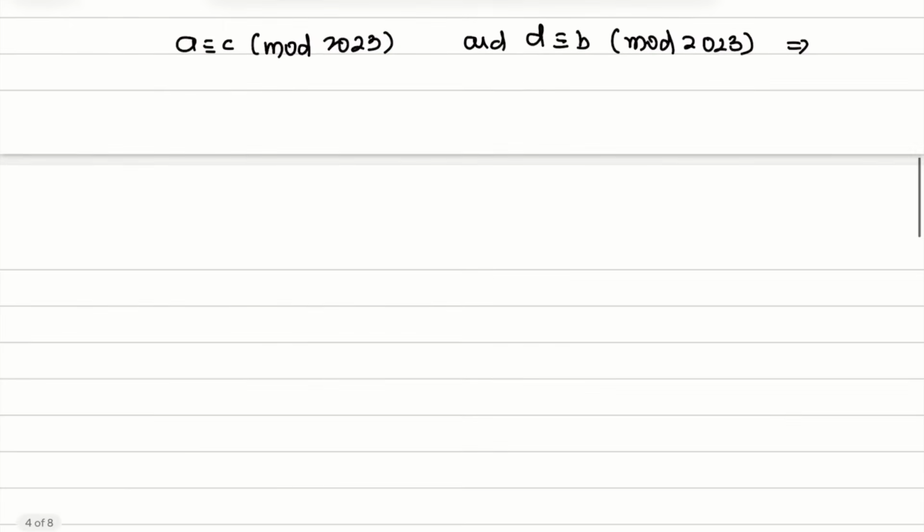What does that imply? When A is divided by 2023, there will be a remainder C. When D is divided by 2023, there will be a remainder B. So A can be written as remainder C plus 2023 times some factor K1, and D is equal to B plus 2023 times some factor K2.